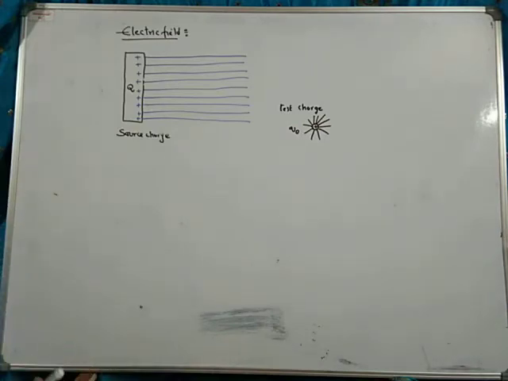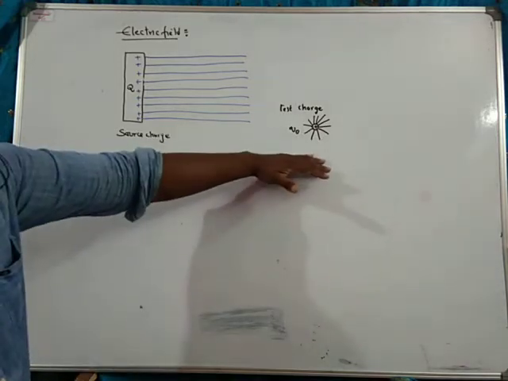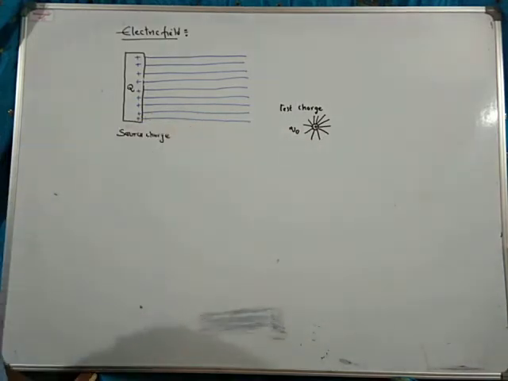To define the electric field, we consider two terms. One is the source charge, which has a high strength, and the other is the test charge, which has a small charge. So whenever we place this test charge in the field of a source charge, the test charge's own effect will be negligible.